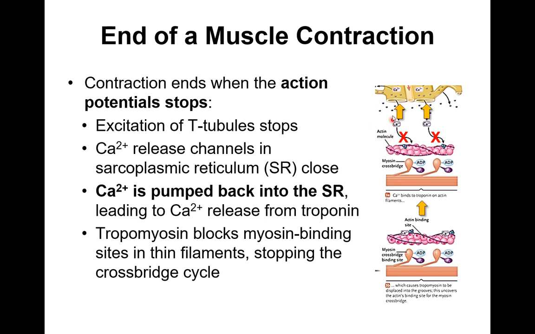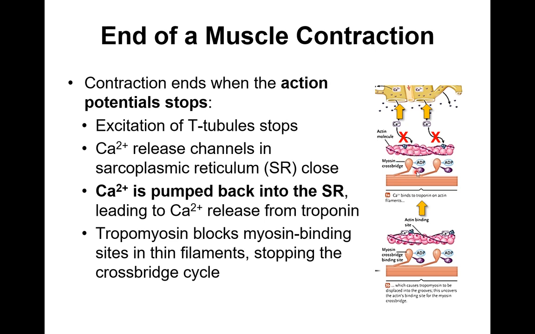Therefore troponin releases the calcium and goes back to the original conformation, allowing tropomyosin to go back, covering the active sites in the actin molecules here. So the myosin heads cannot cross-bridge anymore with actin.